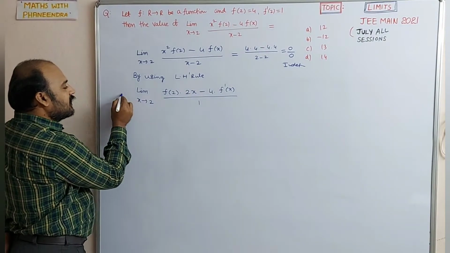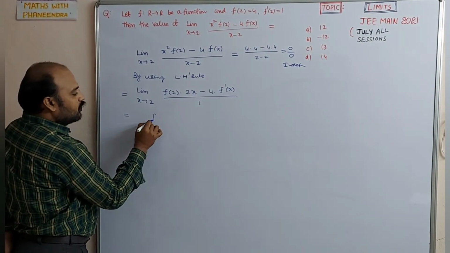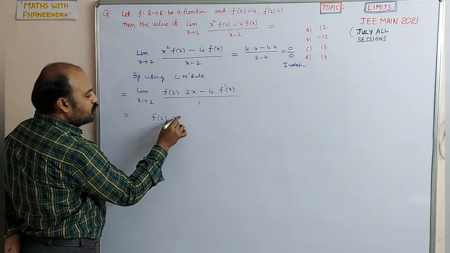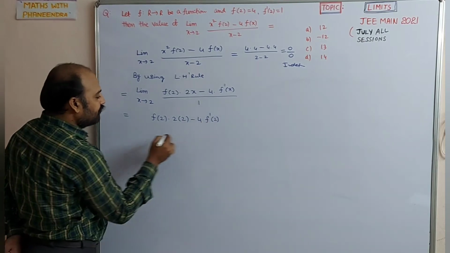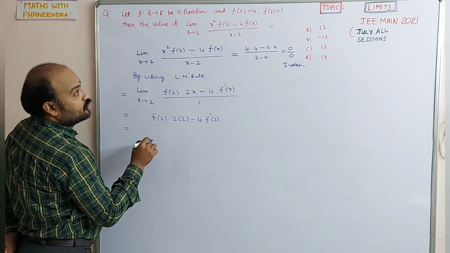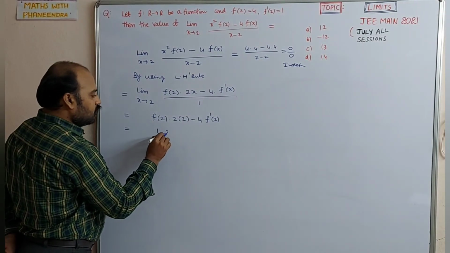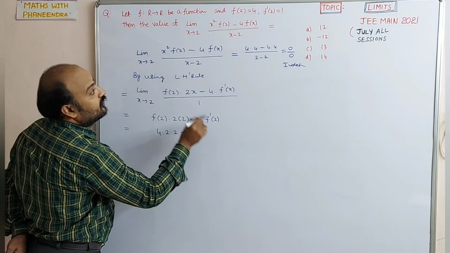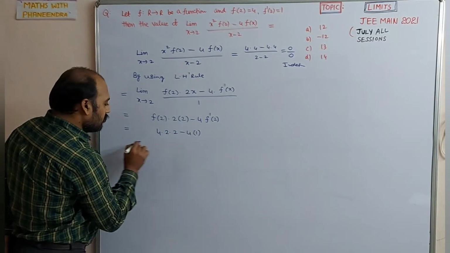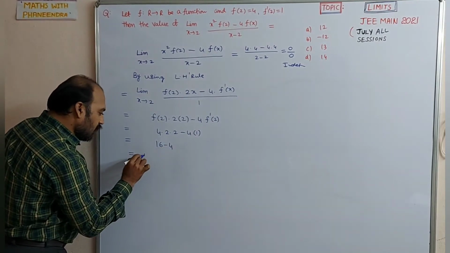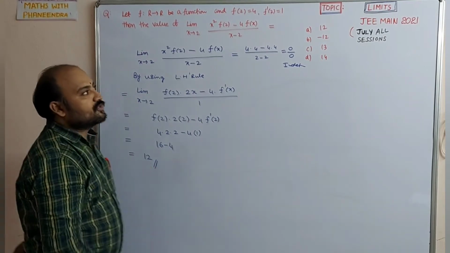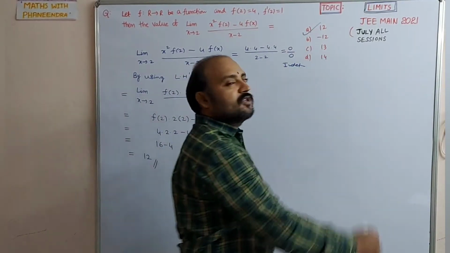Now wherever x is there, replacing with 2. So f of 2 into 2 into 2 minus 4 into f dash of 2. F of 2 value is 4 into 2 into 2 minus 4 into f dash of 2 value is 1. So 4 into 4, 16 minus 4, which is equal to 12. So which is there in the first option, dear students.